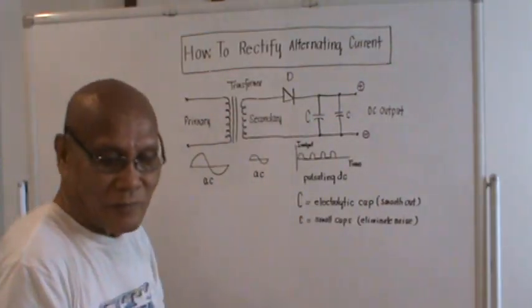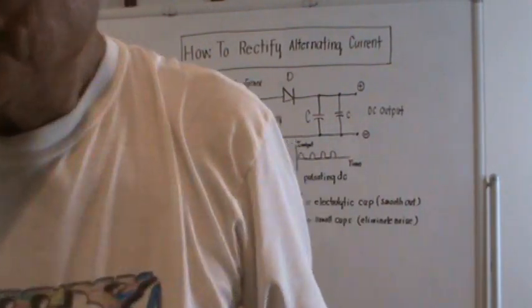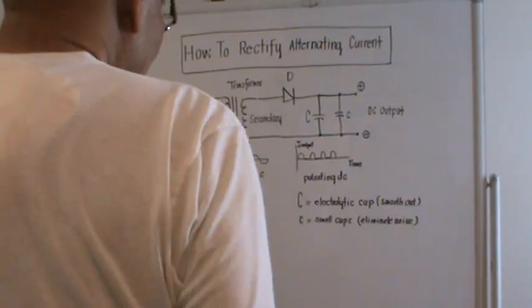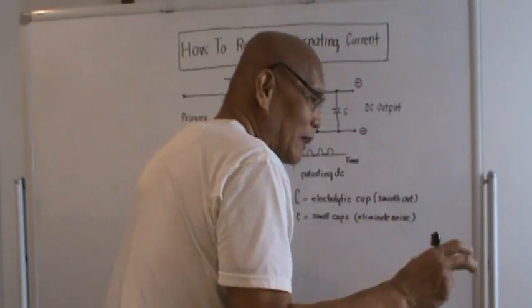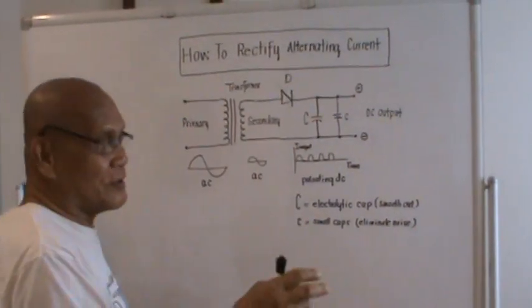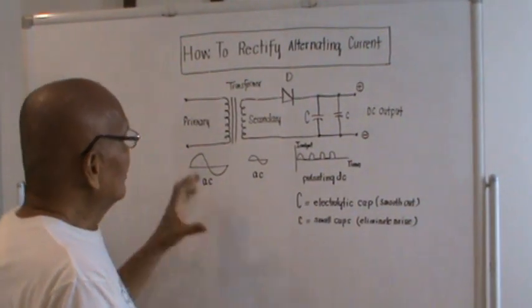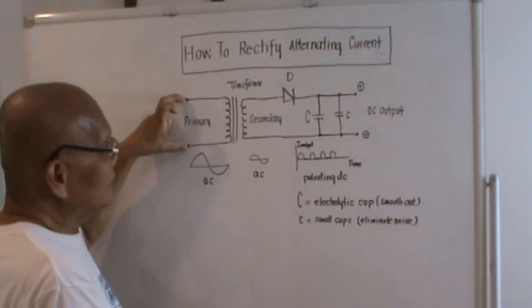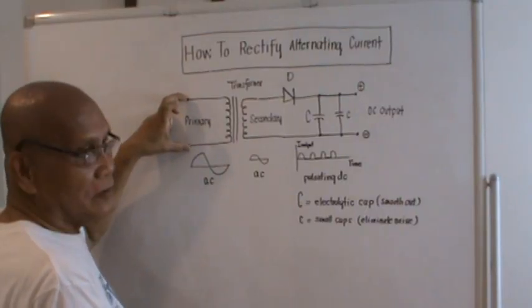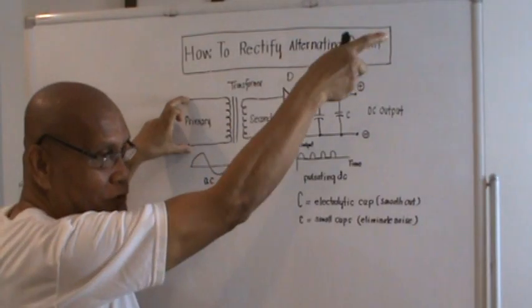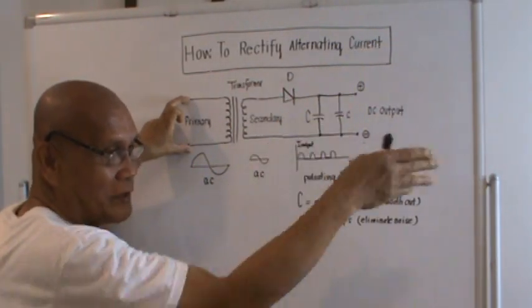Okay, so the first requirement on how to bring out the direct current is we should have an alternating current source. The voltage coming in on this primary side is the voltage that came from the post, supplied by the utility line.